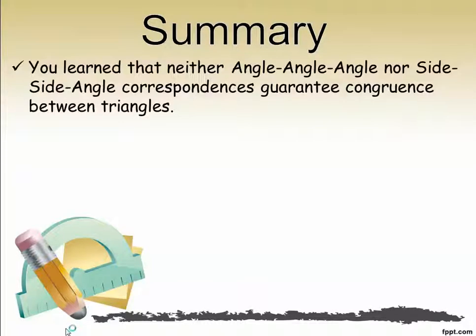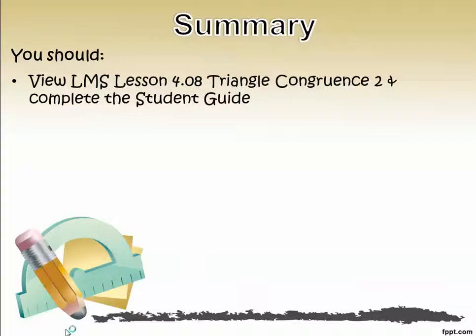You learned that neither angle nor side, side, angle correspondences guarantee congruence between triangles. Those are a lot of big words. And what you should be doing after you watch this video is please go through and read the LMS 408 Triangle Congruence Part 2 and complete the student guide.